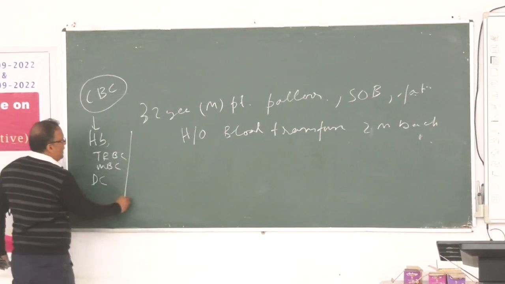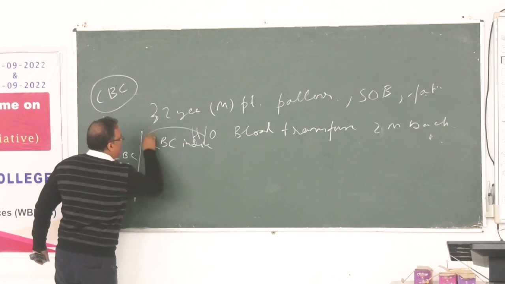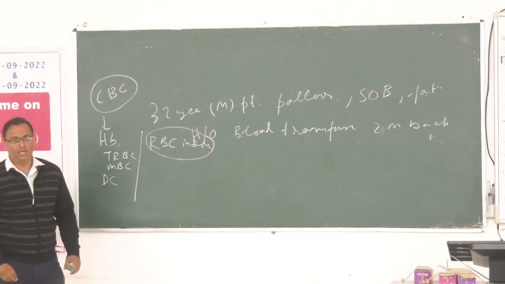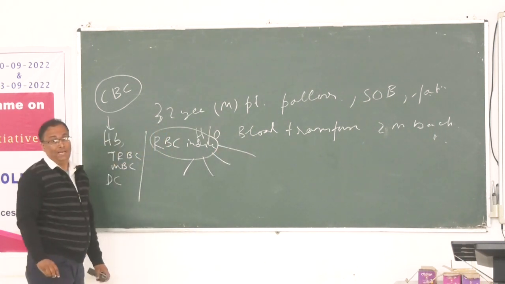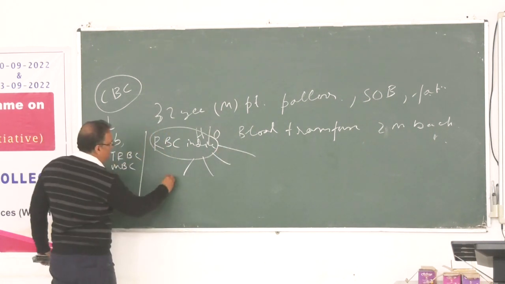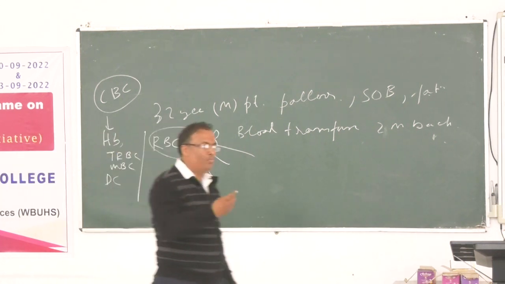And also RBC indices, it is called RBC indices. In this part, there are four things mainly. One is PCV. PCV means packed cell volume. What do we mean by packed cell volume?